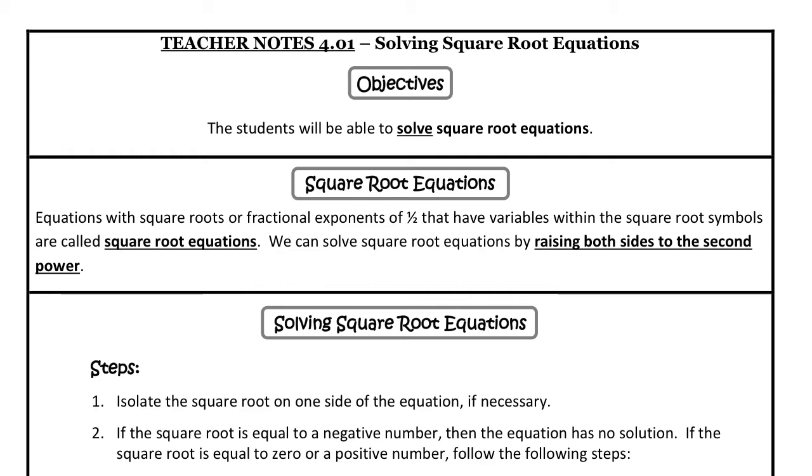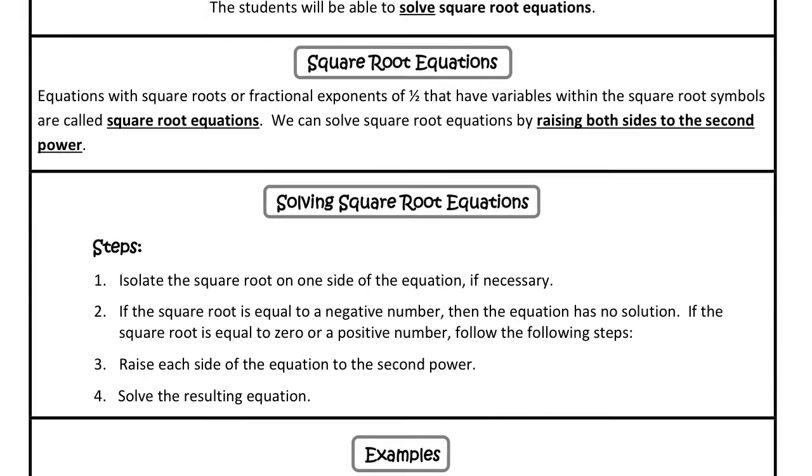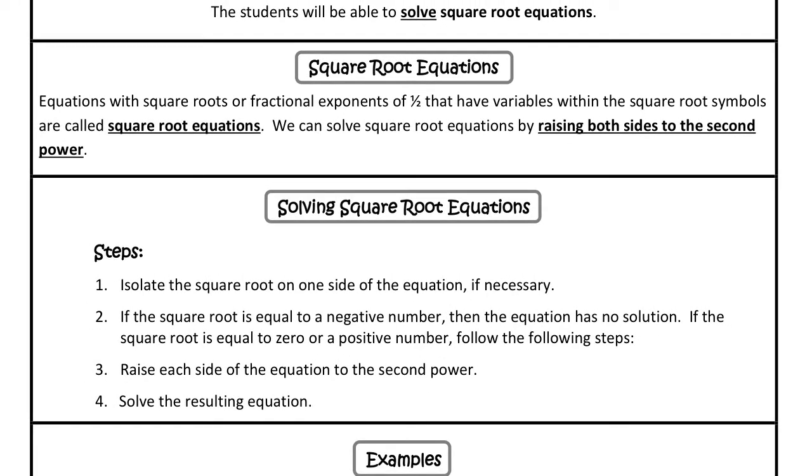And let me scroll up a little bit so we can see the steps. Okay, so in the examples below, we're going to follow the steps listed here. Step 1, isolate the square root on one side of the equation if necessary. So this just means, let me pick a color here. I've been using orange.